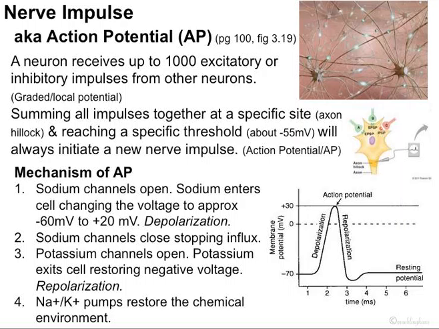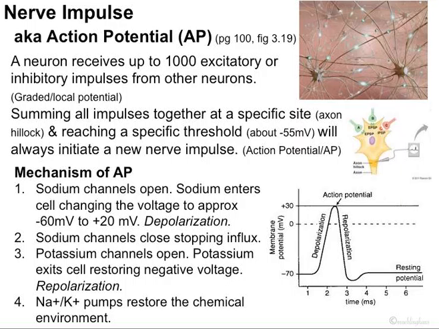Then we have an area in the neuron. When you look at the neuron, you have the cell body, the dendrites, and then one long extension called the axon that goes to the next target, which is either another neuron, a gland, or a muscle. The area right before the axon starts is known as the axon hillock.